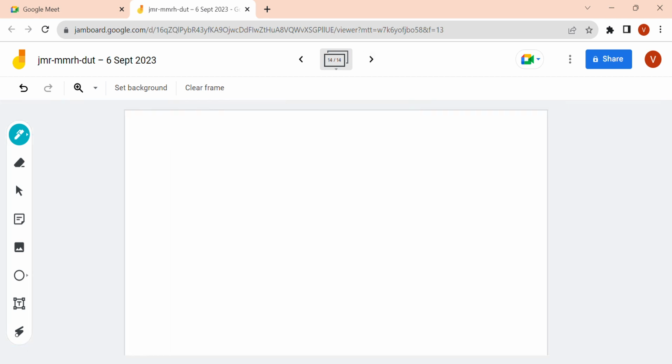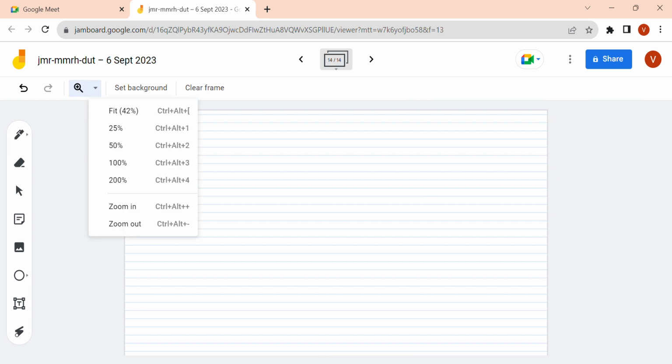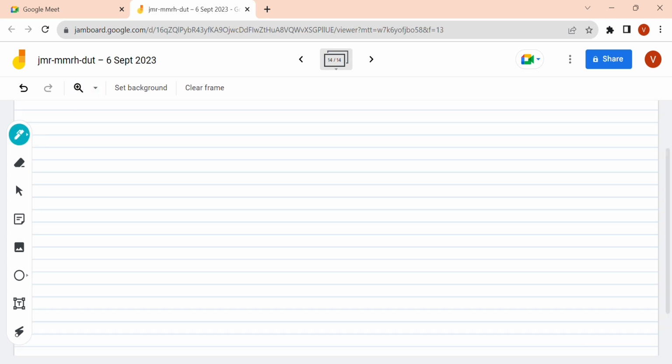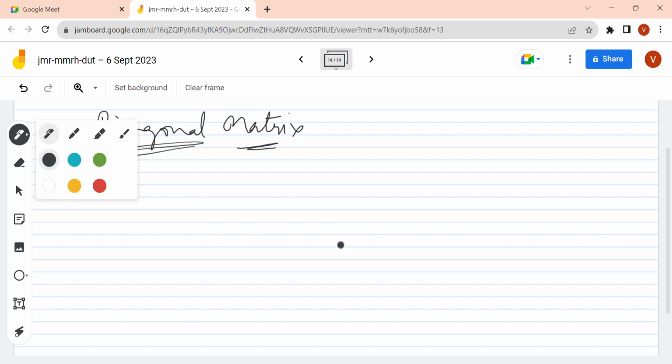Now let's see what a diagonal matrix is. First, what do you mean by diagonal matrix?